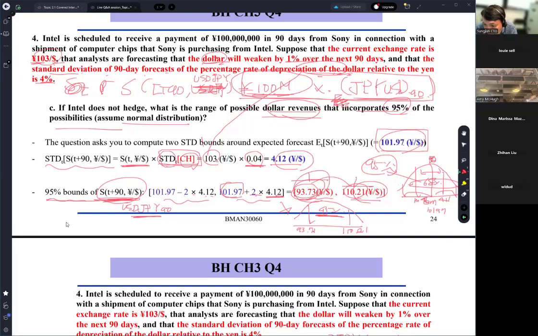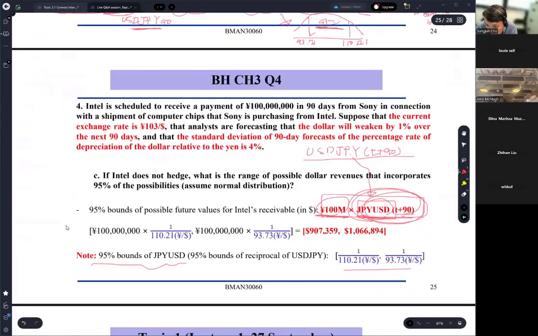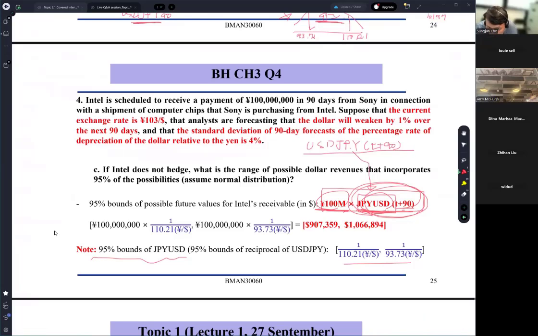This one will be bigger than this one, right? Reciprocal of a smaller one will be bigger. Therefore, the 95% bound of JPY/USD is 1 divided by the lower bound of this one, 1 divided by the upper bound of this one, USD JPY. This is going to be the 95% bound of the JPY/USD.